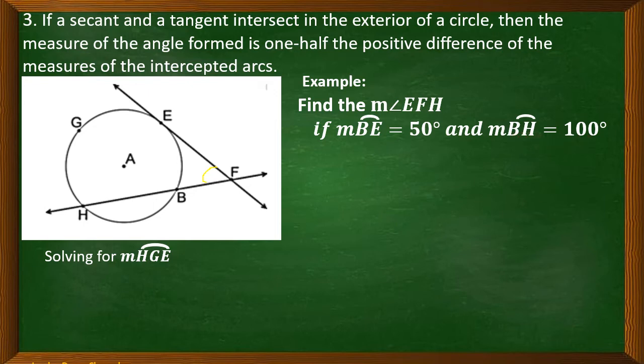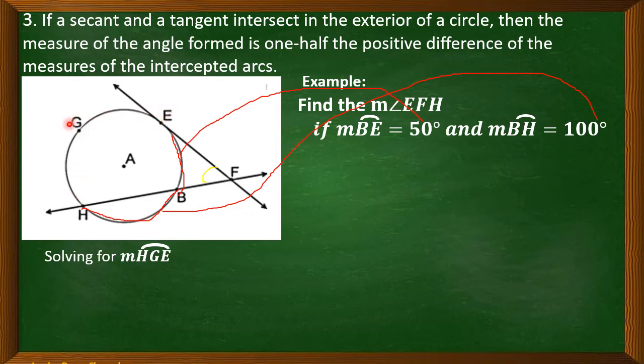So meaning to say, this arc is 50 degrees, while the measurement of this arc BH is equal to 100 degrees. So if you have observed, we need the measurement of this arc in order to solve the measure of this angle. But it's not given. So we have to solve first the measure of arc HGE.